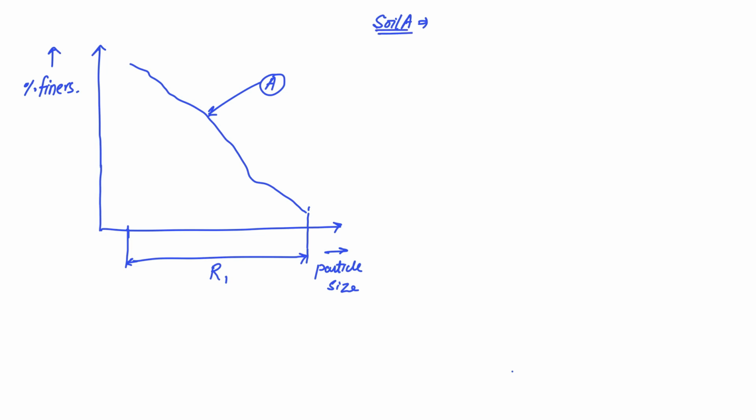I can tell you that the particle size range is quite big, and there are particles in almost every range of this soil. So there is a big range of particle size, and all sizes of particles are present.